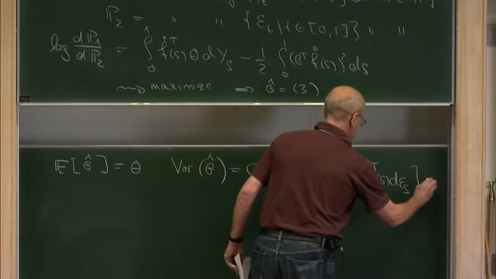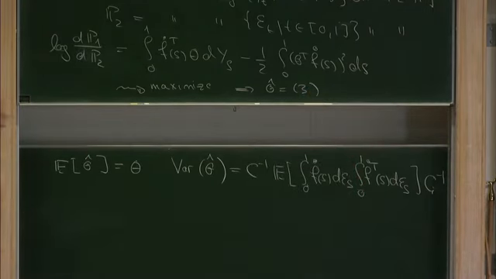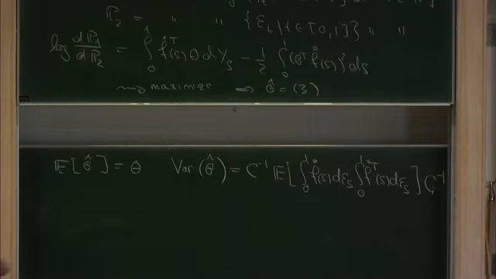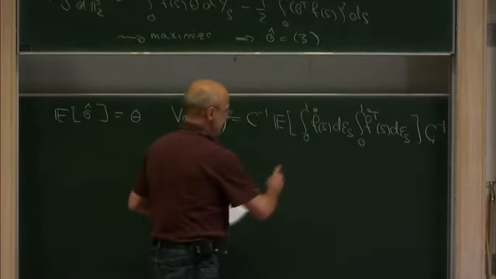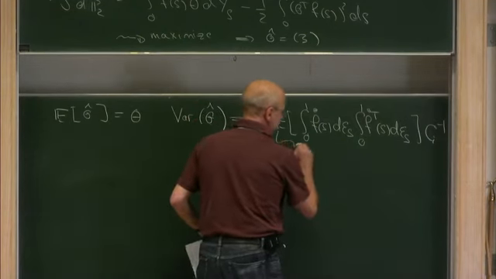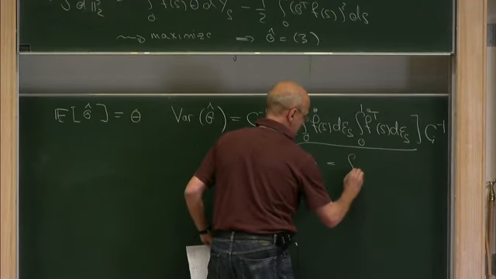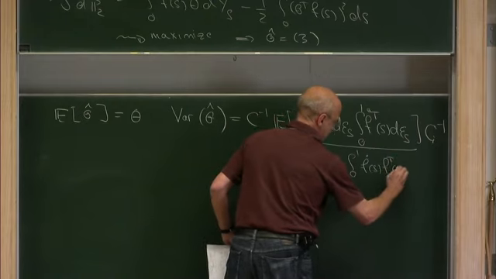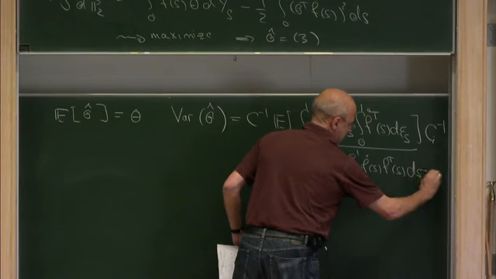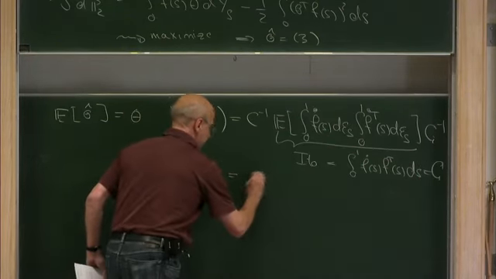And you get a C inverse here. So that's the variance, and now you maybe know or not know Ito's formula, and then you see this is C. This is Ito's formula. So this is C, so the variance is C inverse.